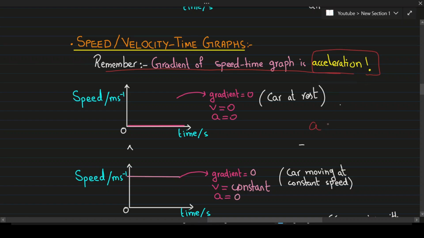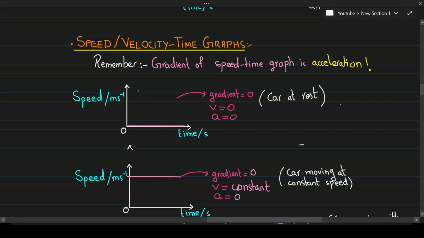We know the acceleration formula is what? Speed or velocity upon time. If you closely look at the axes, if I take the rise over run of this graph, I would get what? Acceleration. So we will see how the acceleration is obtained from the graph.